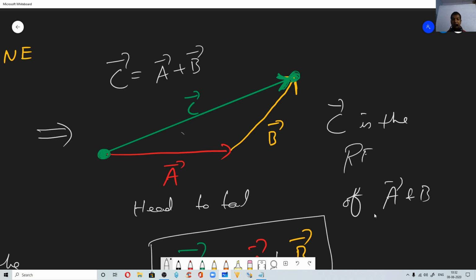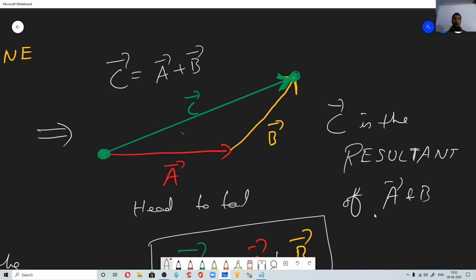Vector C is the resultant of A and B. It is just like you can say sum of 2 and 3, what will you say? 5. So you can say 5 is the sum of 2 and 3. Just like sum, you can use it for vectors also. Vector sum we'll say, but most commonly we'll be using resultant. It just represents sum when it comes to vectors.